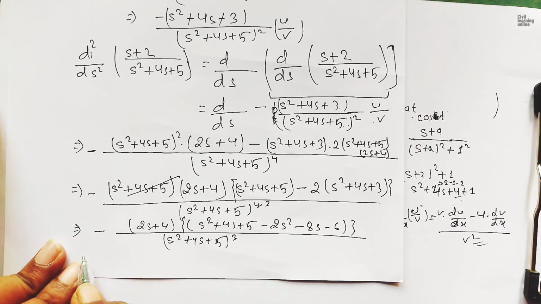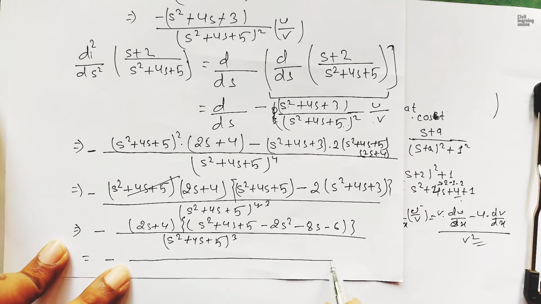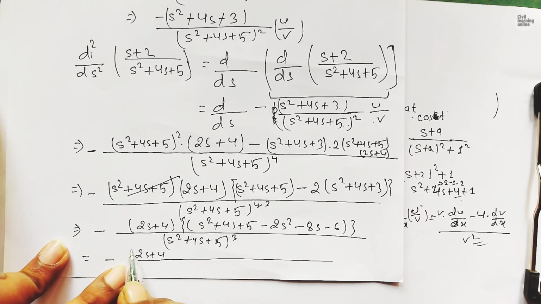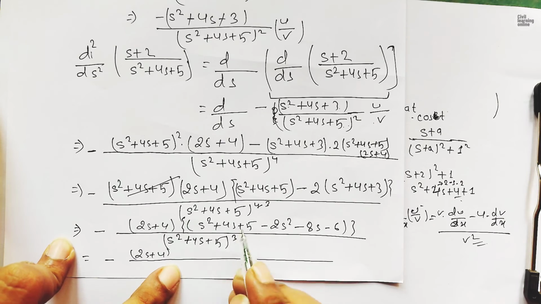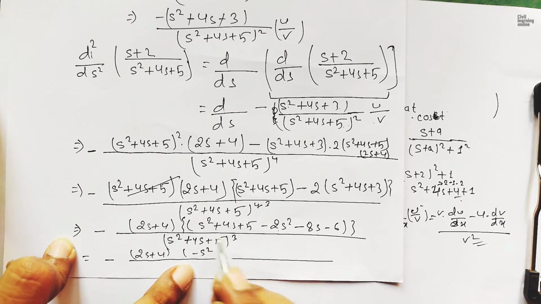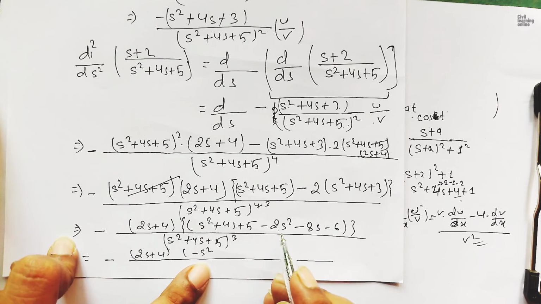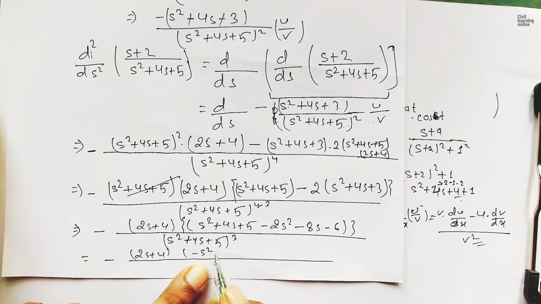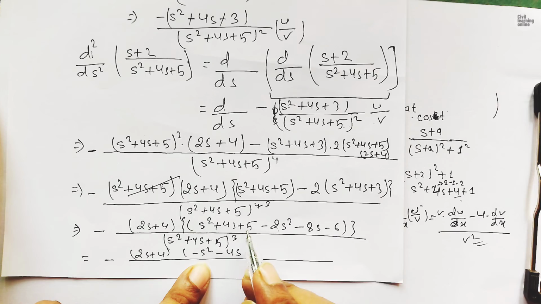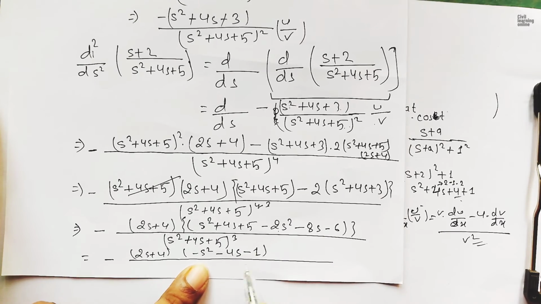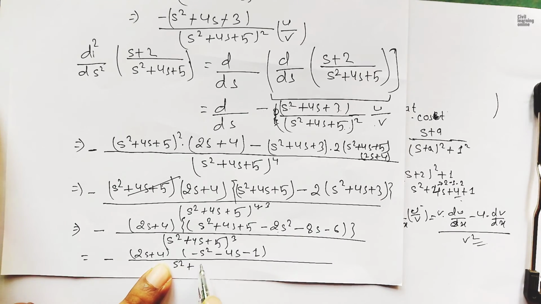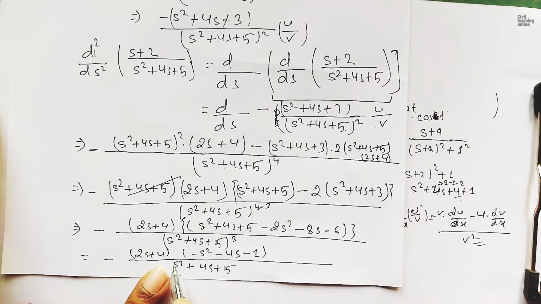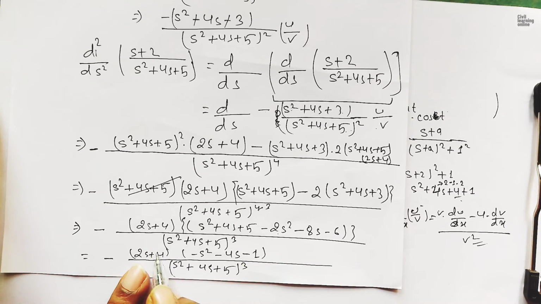Now do the final solution, so we will have minus (2s plus 4) times minus s square, this s square minus 2s square is minus s square, and plus 4s minus 8s will get minus 4s, and plus 5 minus 6 is minus 1, and in the lower portion (s square plus 4s plus 5) to the power 3. Now do the multiplication of these two terms. First of all we need to multiply this whole by 2s, and then again multiply this whole by 4.